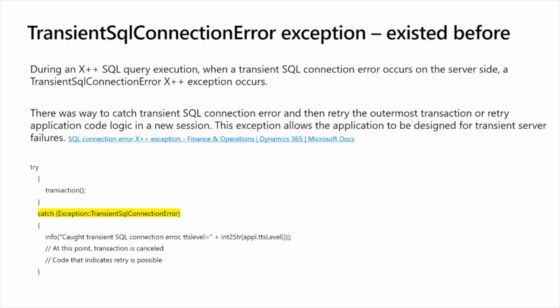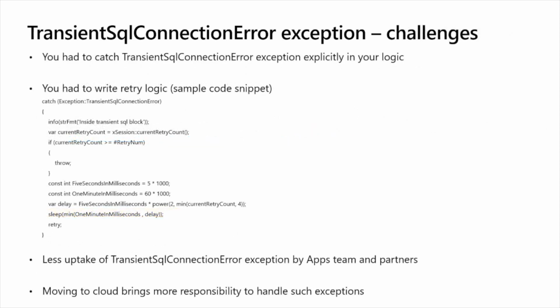Now, what is the challenge with the transient SQL connection error exception that we had? One thing that we have been seeing, looking at the telemetry and the complaints, is that the adoption of this transient SQL connection error has been very low in the code.